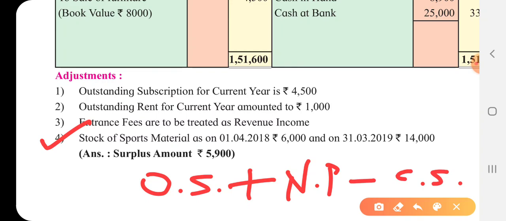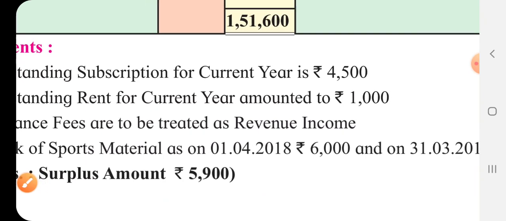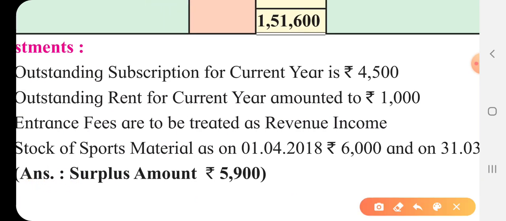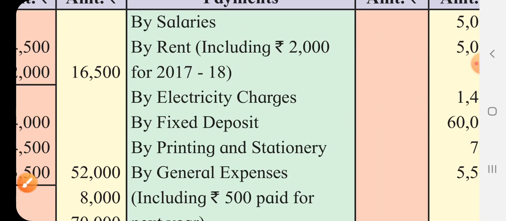And we already have studied such kind of adjustments in the previous illustrations, isn't it? So the point is, the opening stock will be debited to the income and expenditure account, then new purchases of sports material will be added to the opening stock.